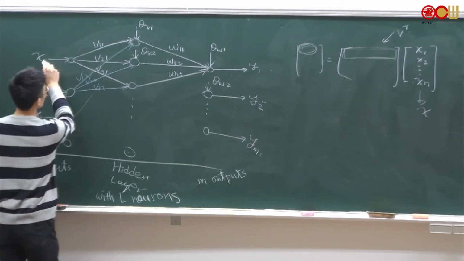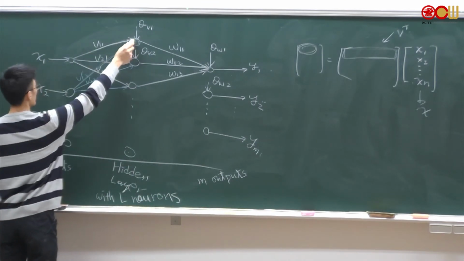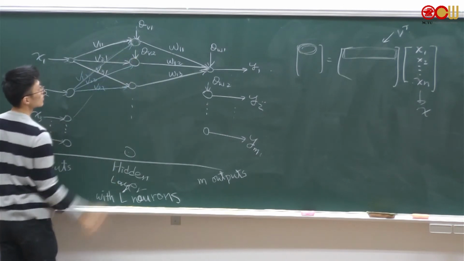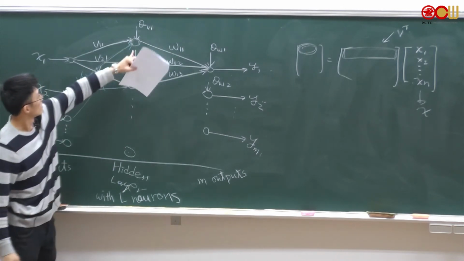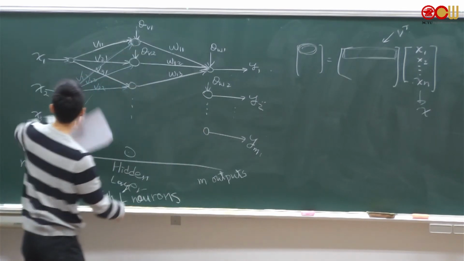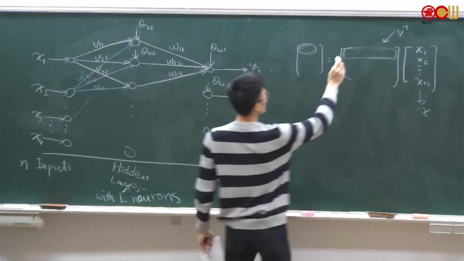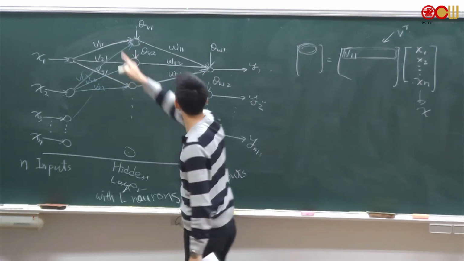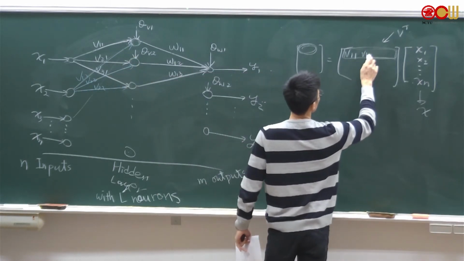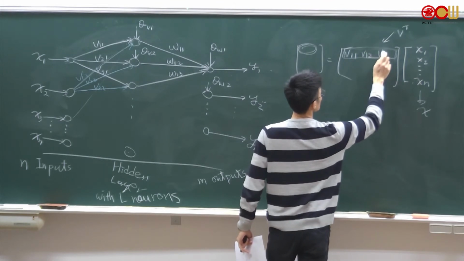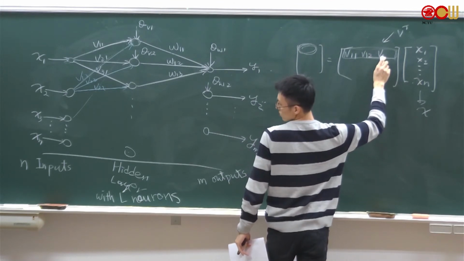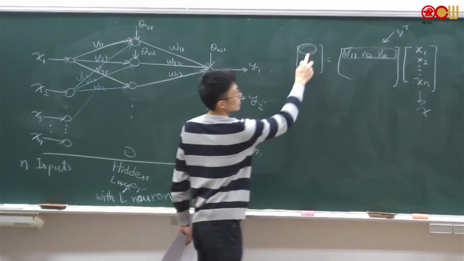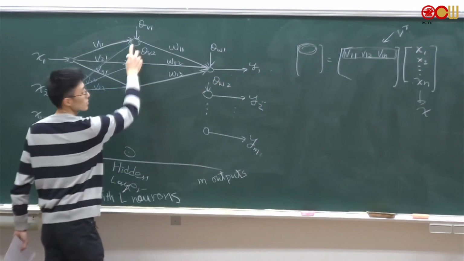Because your x1 times v11 is the input to this, x2 times the weighting v12 is the input to this neuron. x1 should times v11, x2 should times v12, all the way up to v1n. Okay, that will be the input to the first neuron.